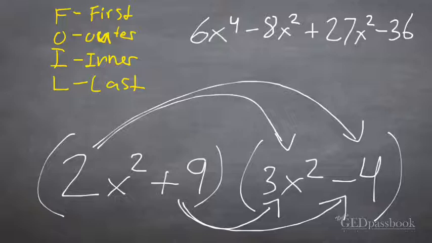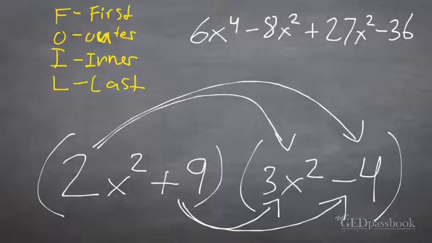But is there anything you spot that you can do extra? A little hint for you guys. Not all the times, but the majority of the times, your inner ones could be combined.